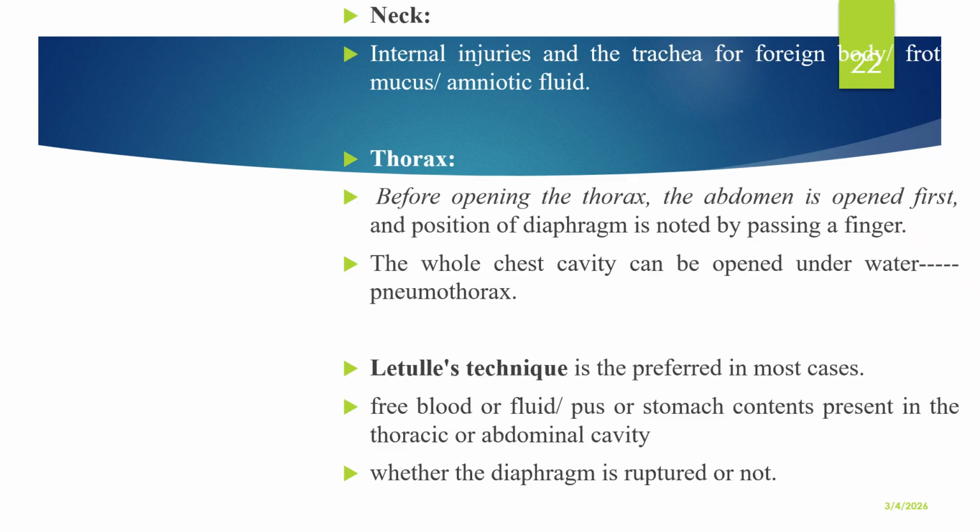The whole chest cavity can be opened underwater to check for pneumothorax, and Letulle's technique, that is en masse removal, is the most preferred method in all the cases. Free blood or fluid or pus or stomach contents present in the thoracic and the abdominal cavity is noted, and whether the diaphragm is ruptured or not has to be seen.